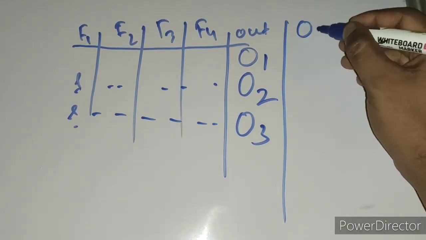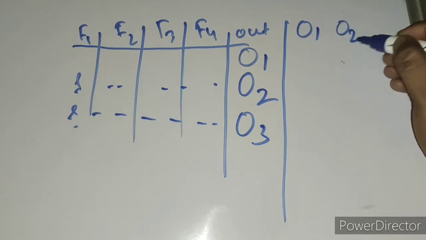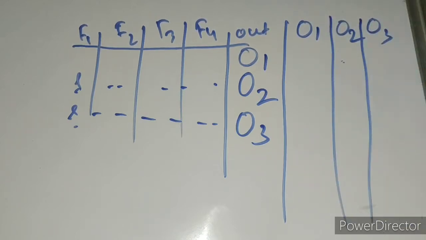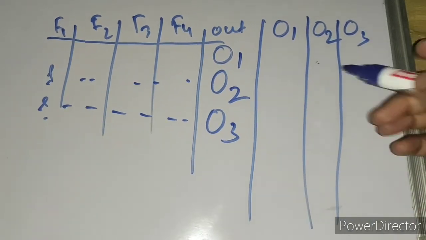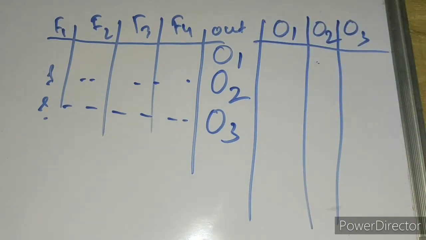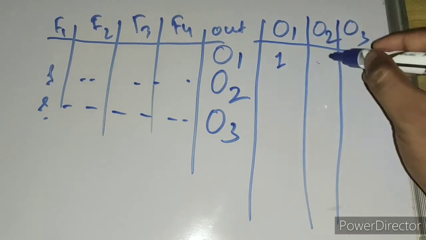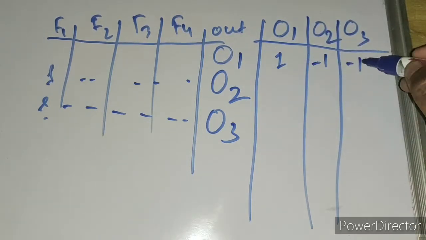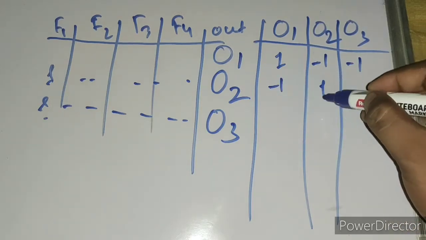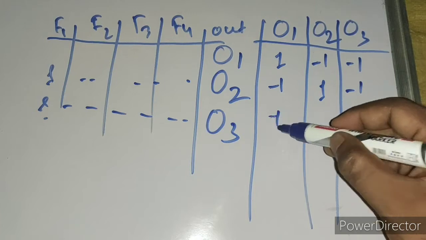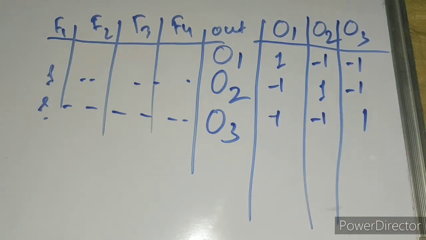Here O1, O2, O3. So it happened like this: plus 1, minus 1, minus 1; again minus 1, plus 1, minus 1; again minus 1, minus 1, plus 1.